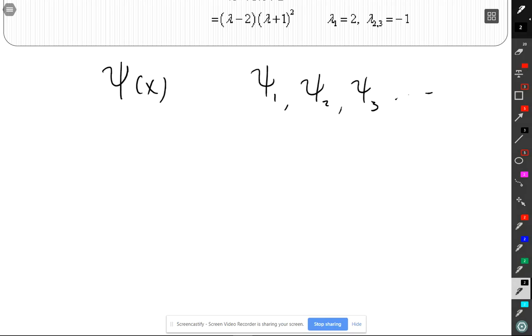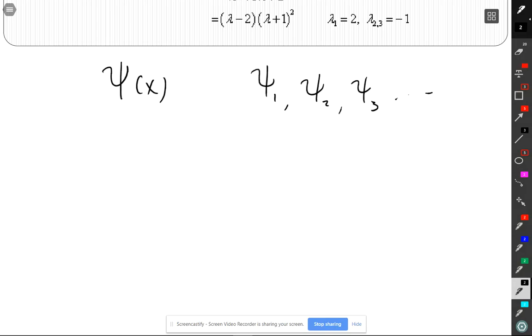Let's say we had a system that only had psi 1, psi 2, psi 3, instead of an infinite number of states. We saw something like that. We saw that we only had one state for the delta function, one bound state. And with the double delta, if we had done it, we would have found two bound states.